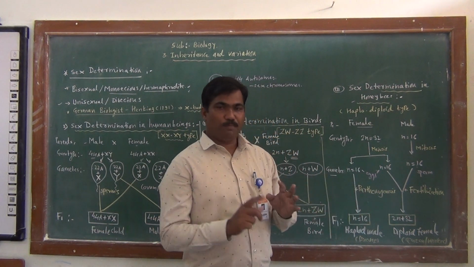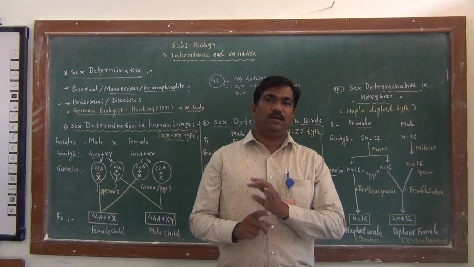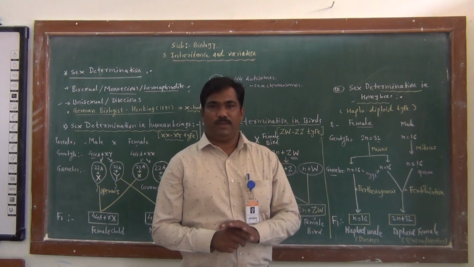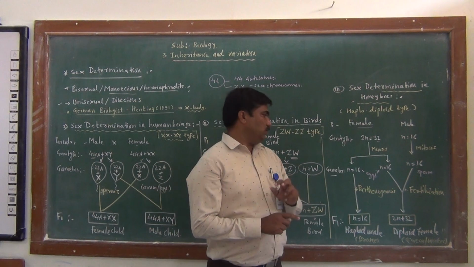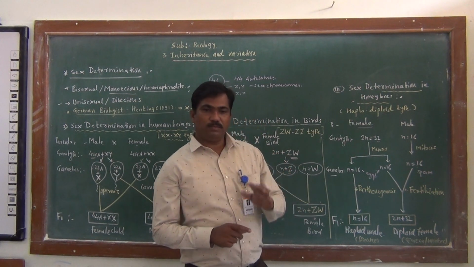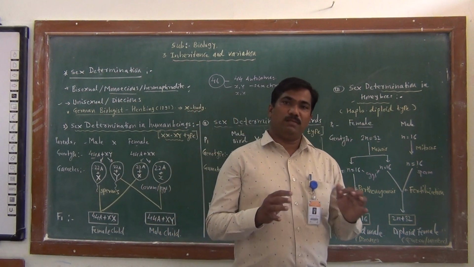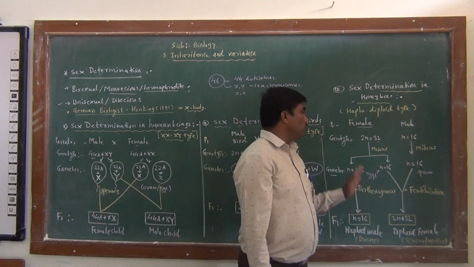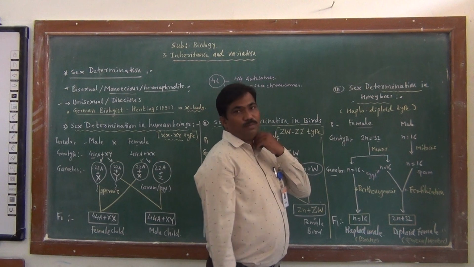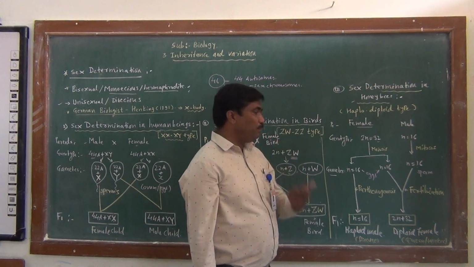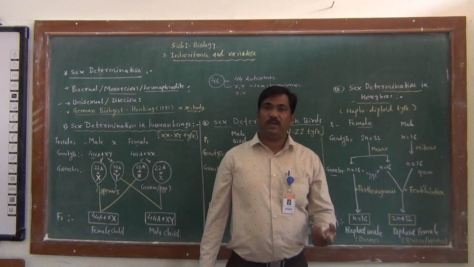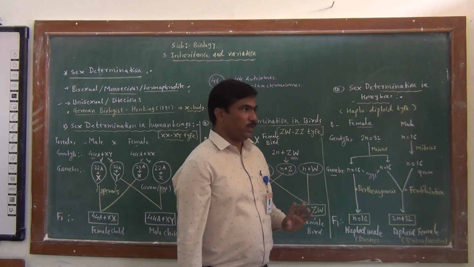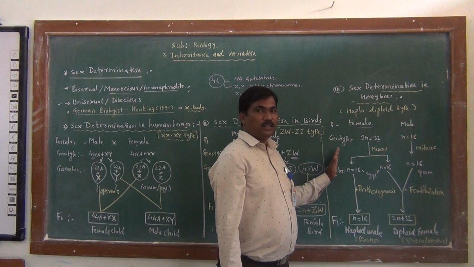The development of a queen depends on the type of food supplied to the larvae. Royal jelly is supplied to one of the larvae, and this larva becomes dominant, known as a queen. Here the sex of the individual depends on how many sets of chromosomes it receives. How do we determine the sex in this case?